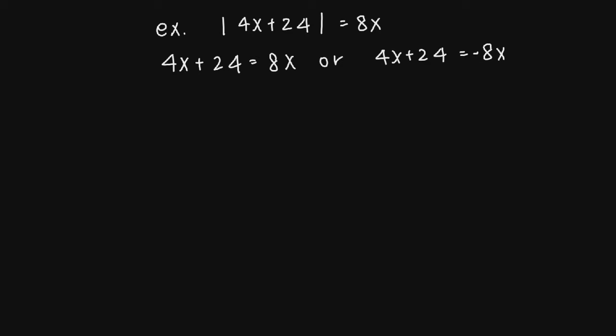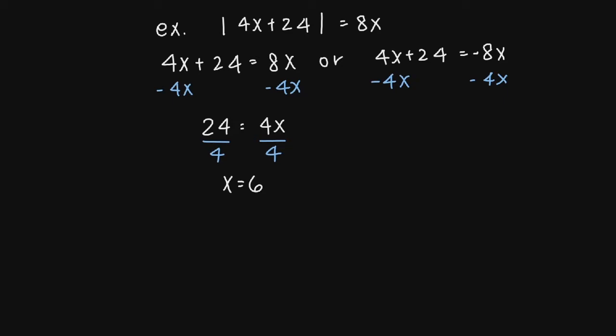So to solve, we want all the variables on one side. So I'm going to subtract 4x. And then I get 24 equals 4x. And to get x by itself, we're going to divide by 4. So we get x equals 3. Oops, sorry, x equals 6.